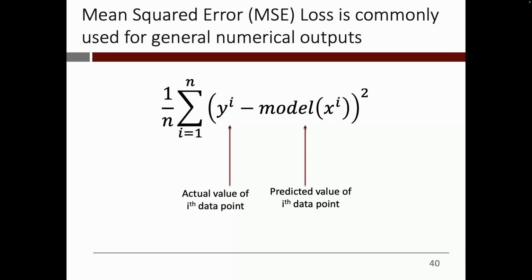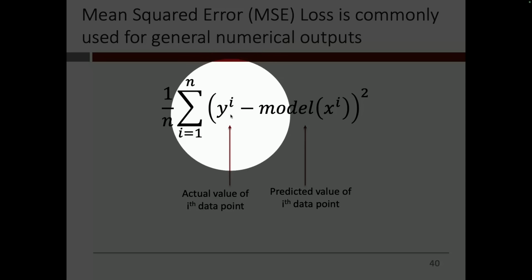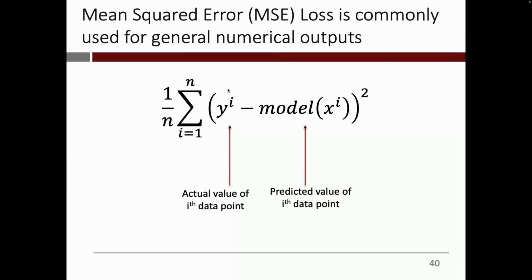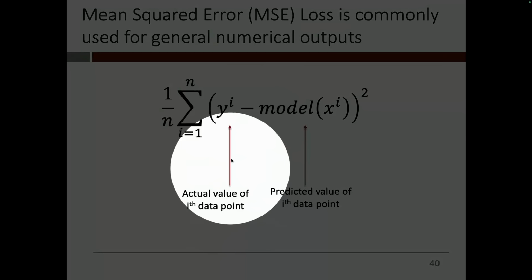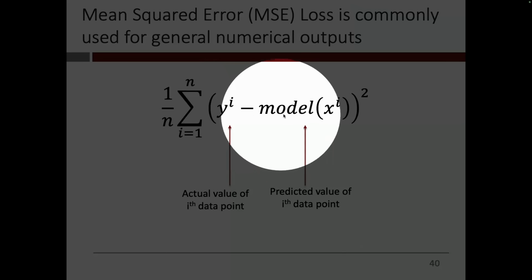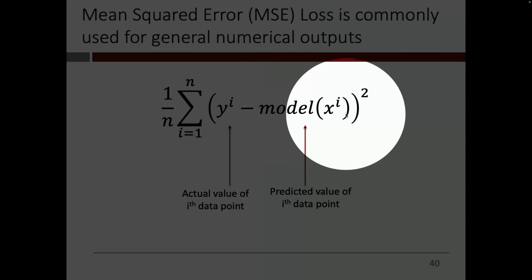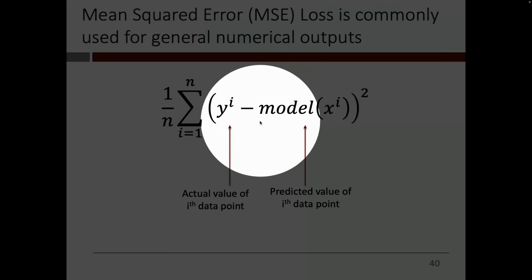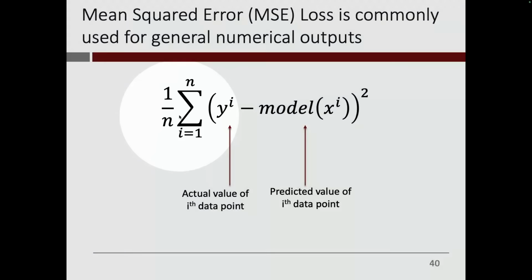For the simple regression case, the i here is a superscript standing for the ith data point. For the ith data point, this is the actual value y, and this is what the model predicted. I take the difference, square it, and average these numbers over all points to get the mean squared error, MSE. This is the easiest loss function.